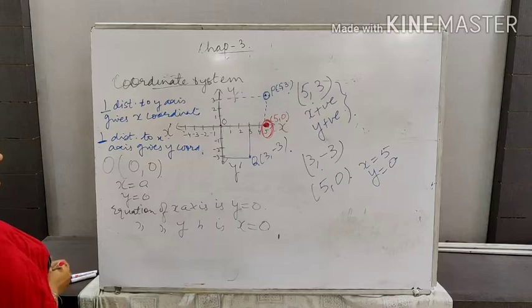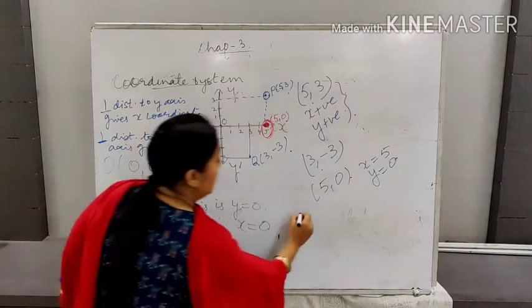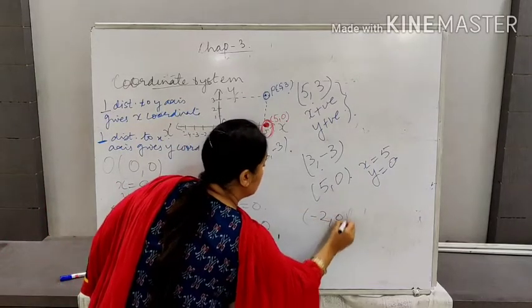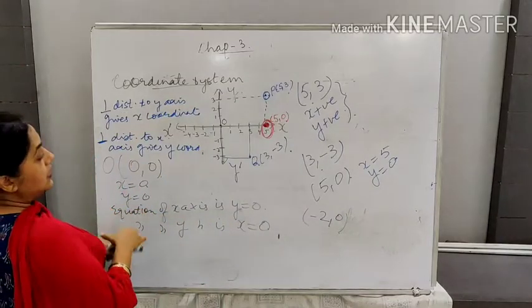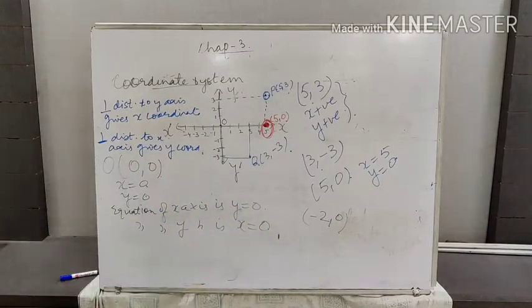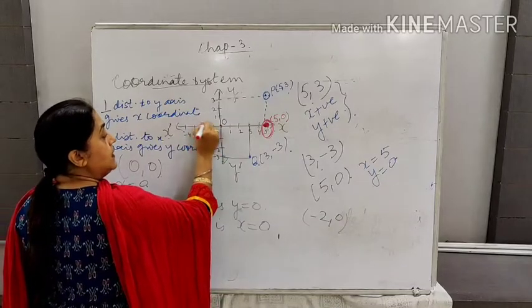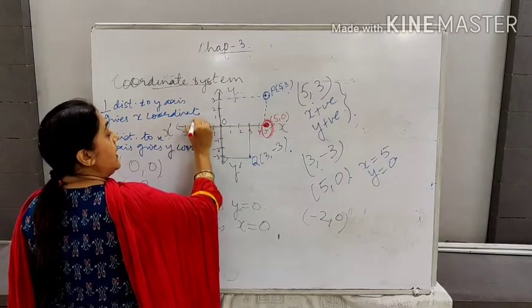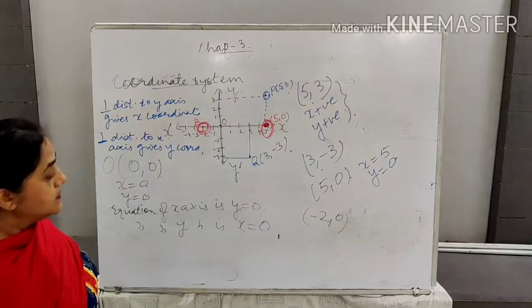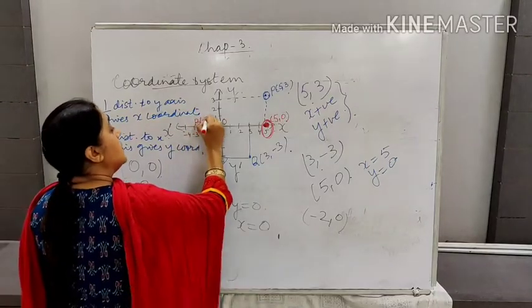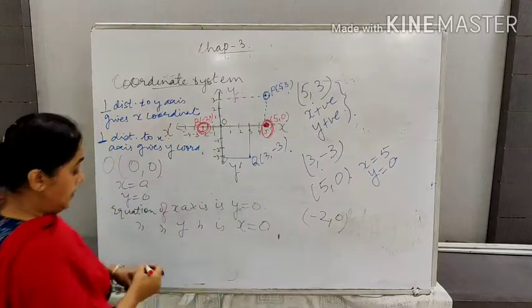Similarly, if I want to locate minus 2, 0, so this is minus 2 and this is 0. So this point, let us take it as B. B is minus 2, 0.